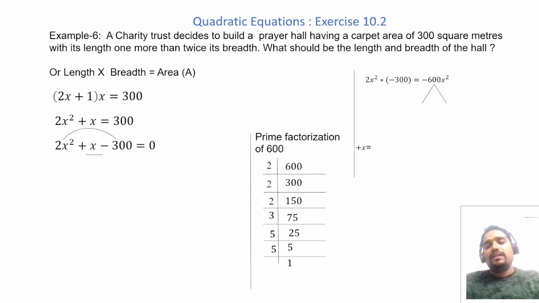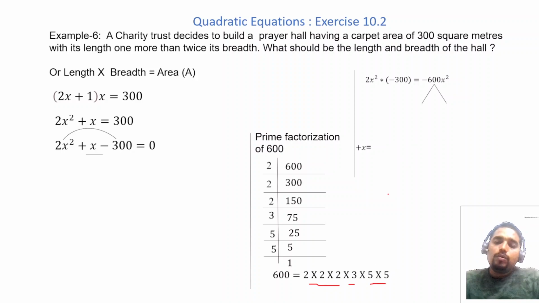Therefore the prime factorization of 600 is completed. The factors achieved are 2 three times, 3 once, and 5 twice. Therefore 600 is equal to 2 three times, followed by 3, followed by 5 twice.